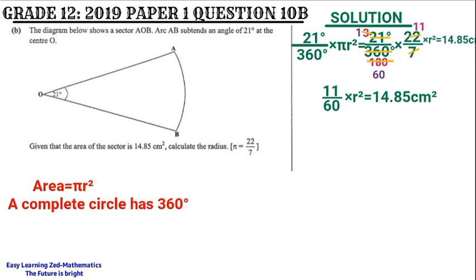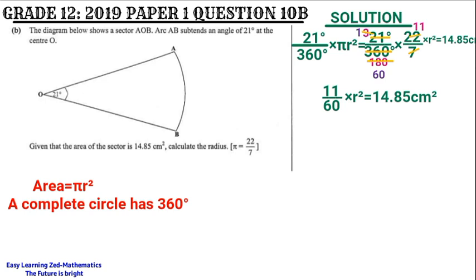So a multiplicative inverse is a number that gives you a product of 1 when you multiply it by another number. So the multiplicative inverse of 11 over 60 is 60 over 11.